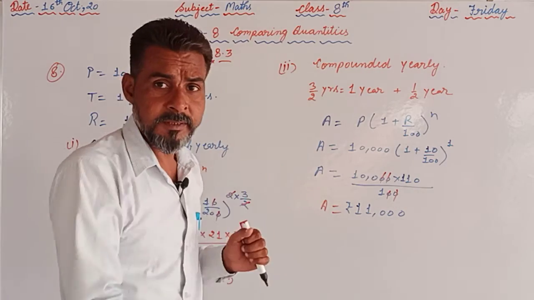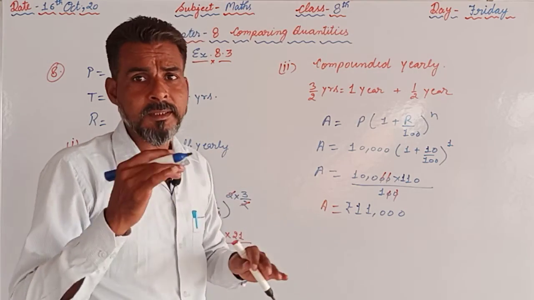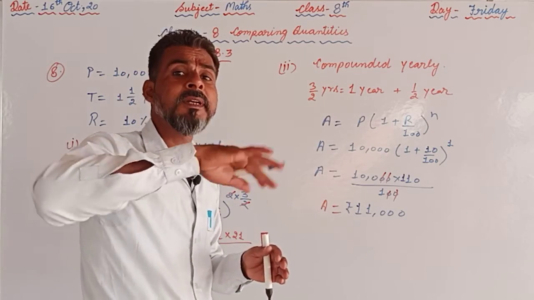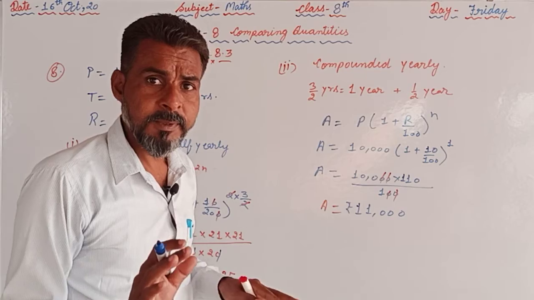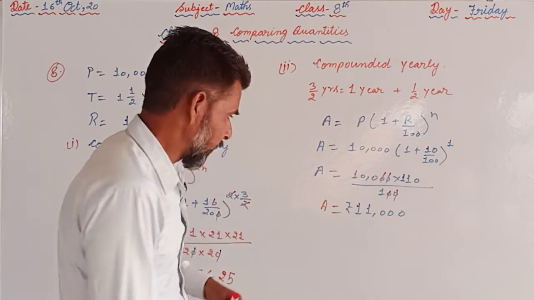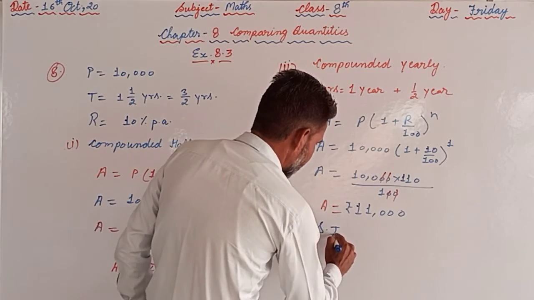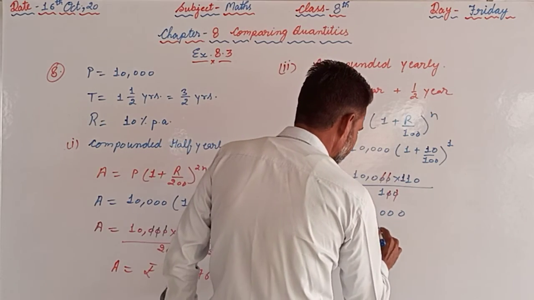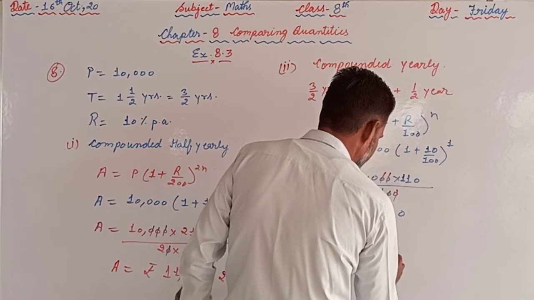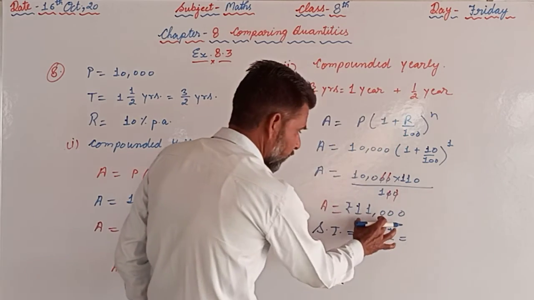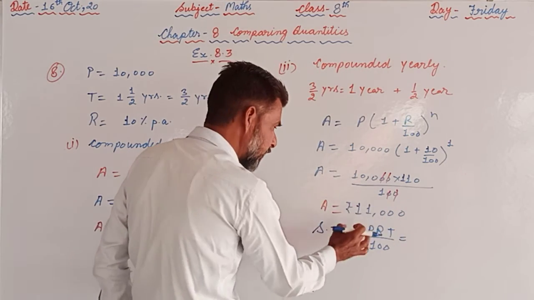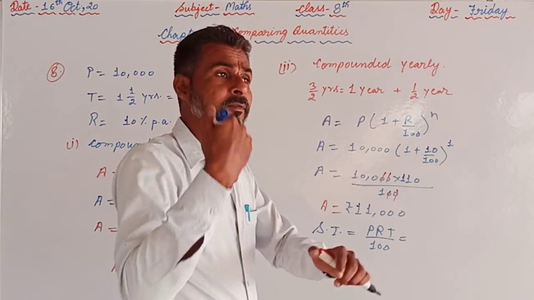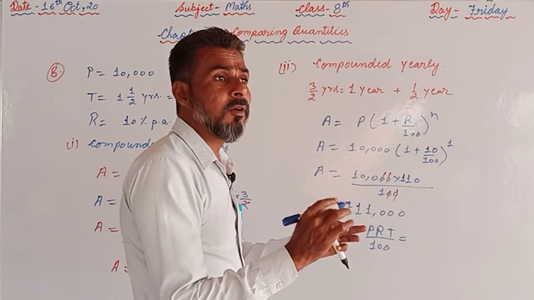Now for the 6 months, within the 6 months the amount will not be compounded, because that will be compounded yearly. For half year there will be no compounding. So we will now find SI for 6 months, and that will be PRT upon 100. Principal is now 11,000, because at the end of first year the amount becomes 11,000.